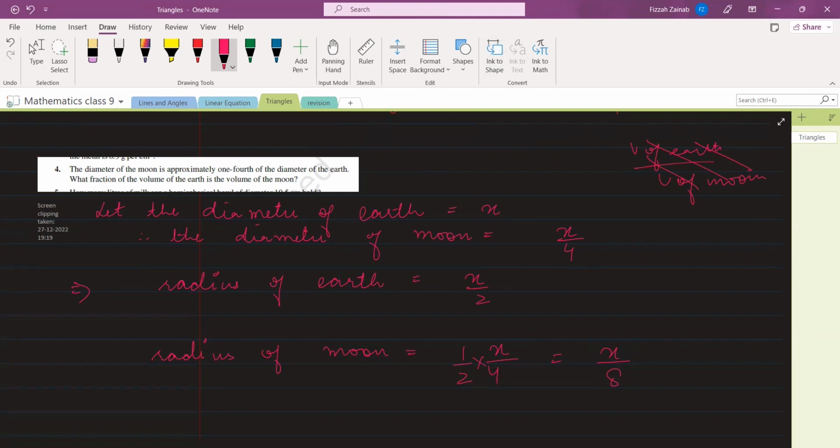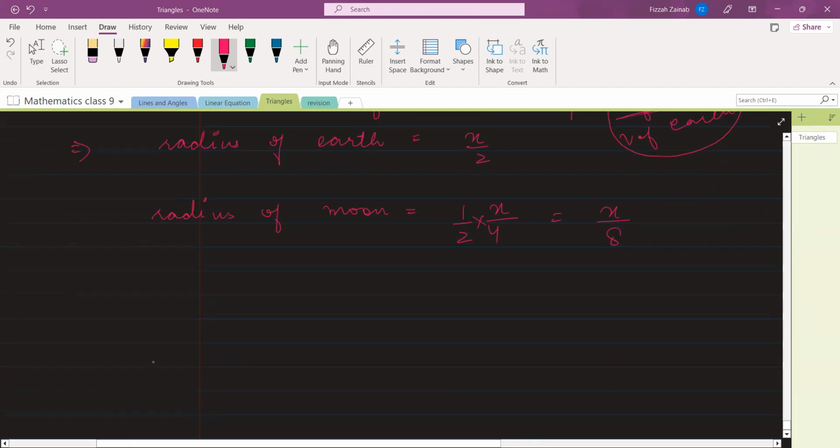What fraction of the volume of earth is the volume of moon? That means volume of moon is what fraction of the earth. So that means you will put moon in the numerator and earth in the denominator. Is that clear? So this ratio means how much is the volume of moon as compared to the volume of the earth. This you have to find in the question.